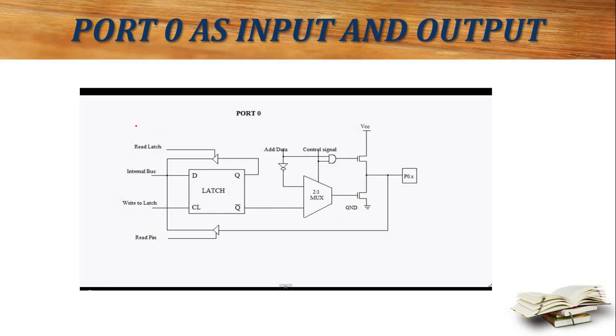Now first consider the operation of input. If you want to act a port as an input port, we need to set it as 1. Now I'm giving 1 as an input to the D latch.